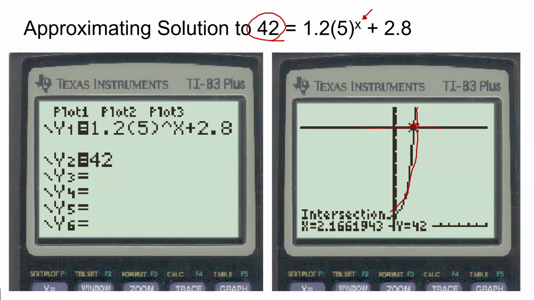There's an intersection, and we use the steps to find out that the only place where 42 is equal to 1.25 to the x plus 2.8 is when you put in x equals 2.1661943, whatever.